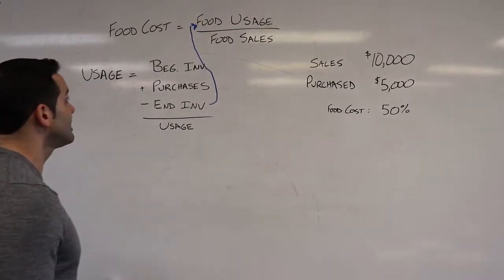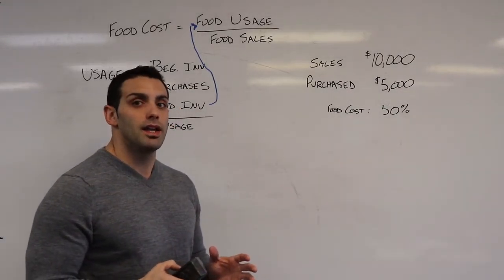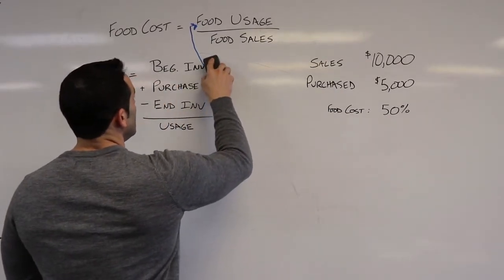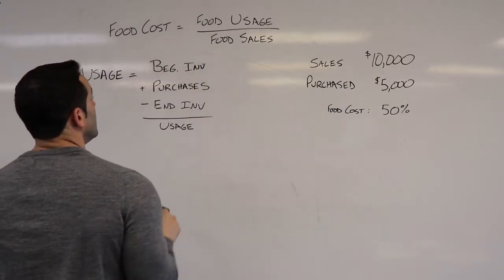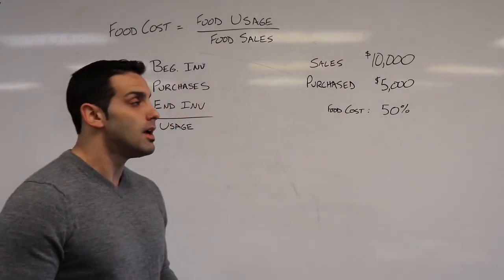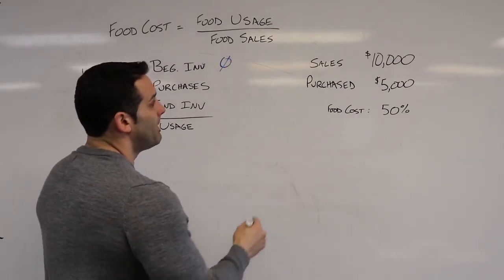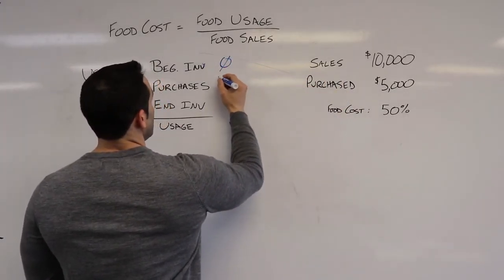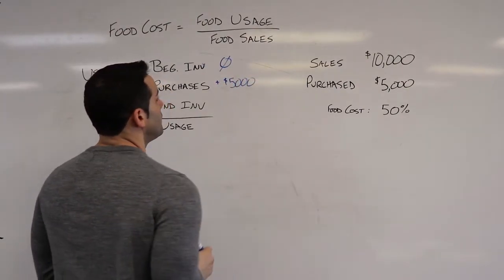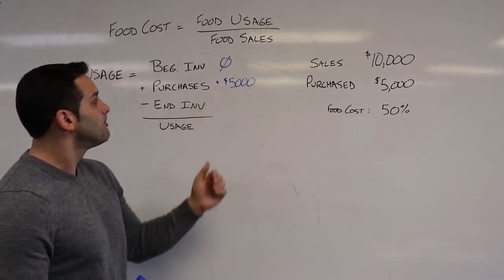So let's say in this example, something similar to what I used in the simplified version, this is our very first purchase of the year, and I have zero beginning inventory. But I purchased $5,000 worth of inventory. So at this point, I have $5,000 in inventory.